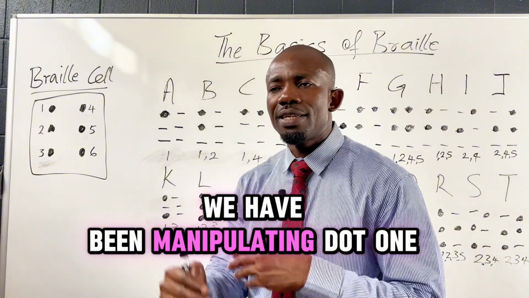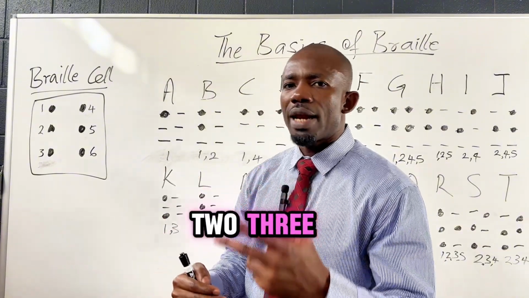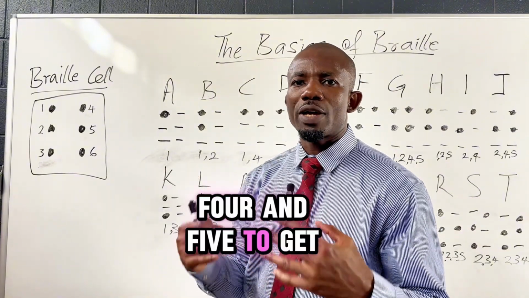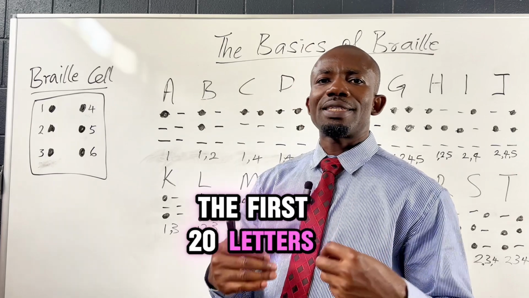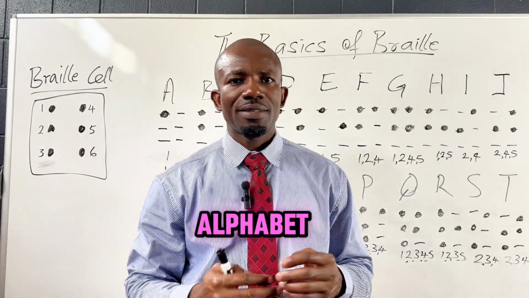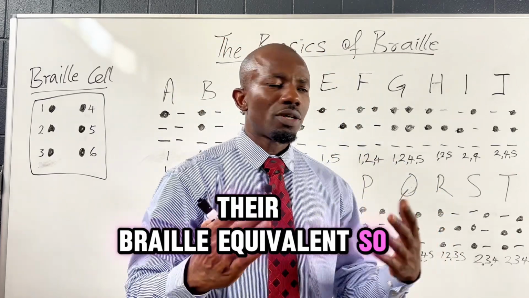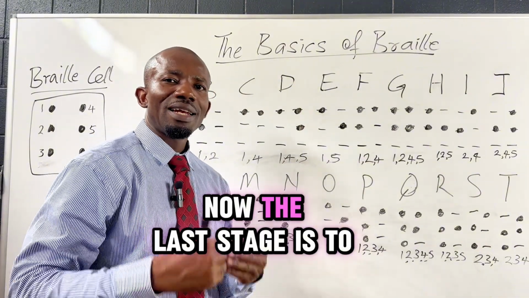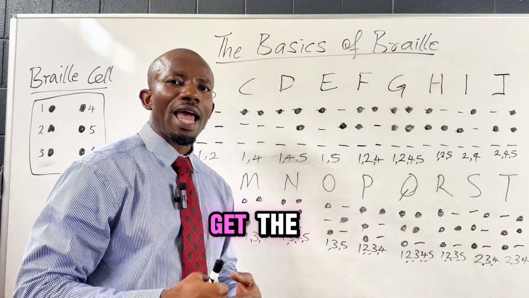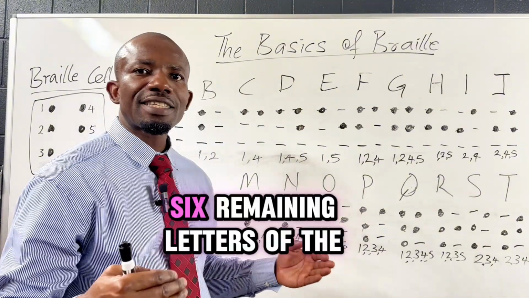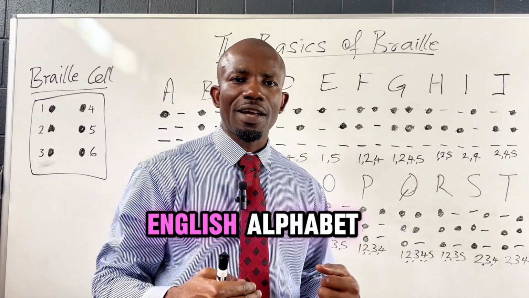We have been manipulating dot 1, 2, 3, 4, and 5 to get the first 20 letters of the English alphabet, their Braille equivalent. So now the last stage is to get the 6 remaining letters of the English alphabet.